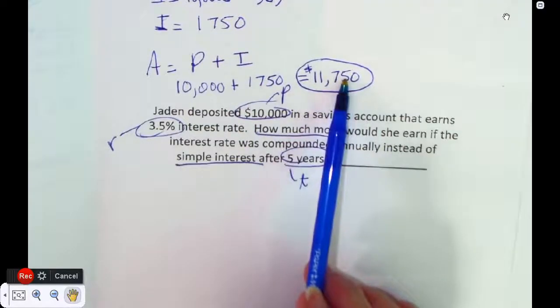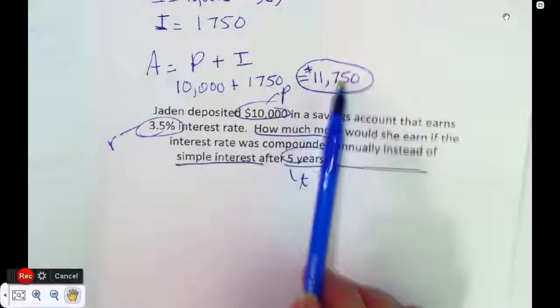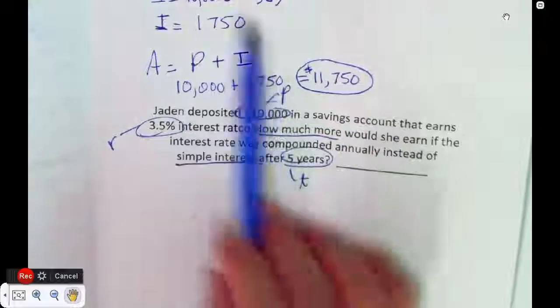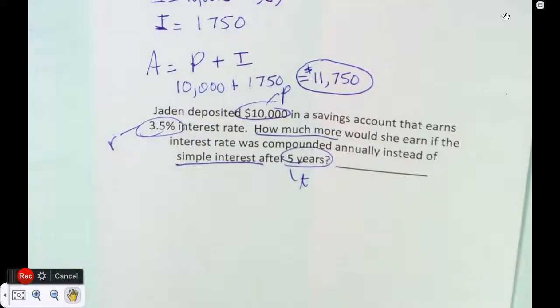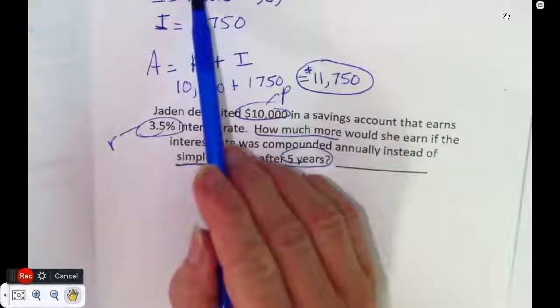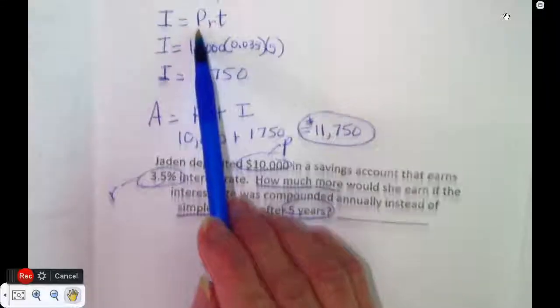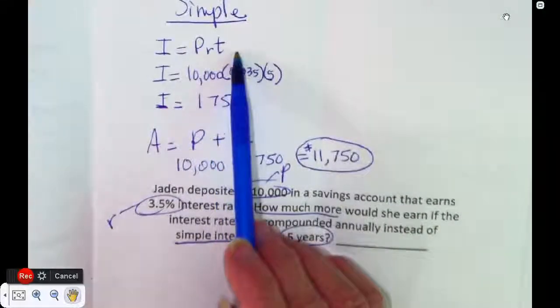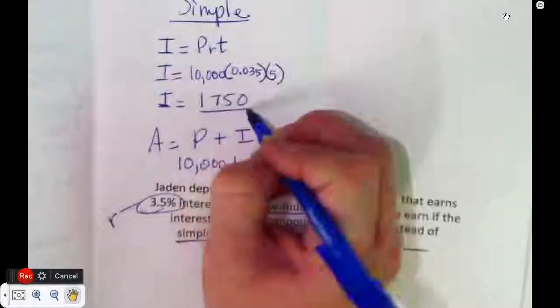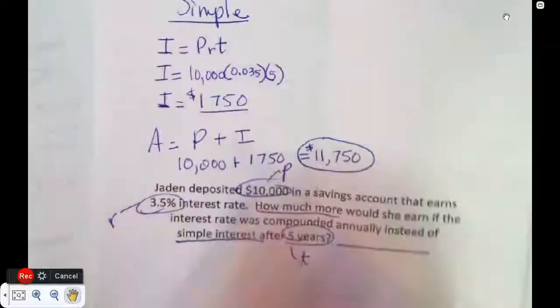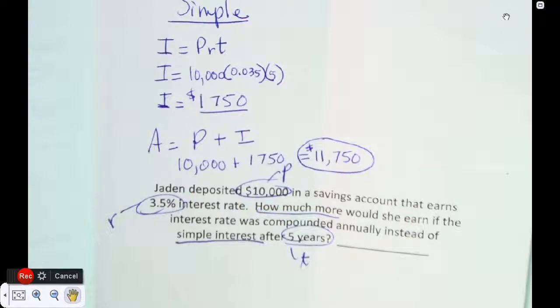Does that make sense, everybody? Okay. So to get simple interest, let's review. You multiply what? Principal times the rate times the time. Now that just gives you the interest, which is what the bank pays you. That's the interest you're earning on that account.